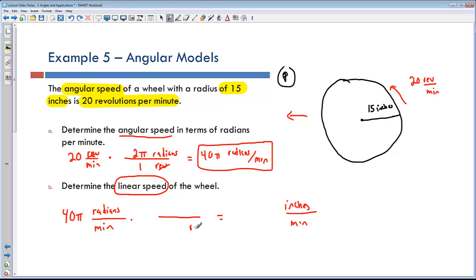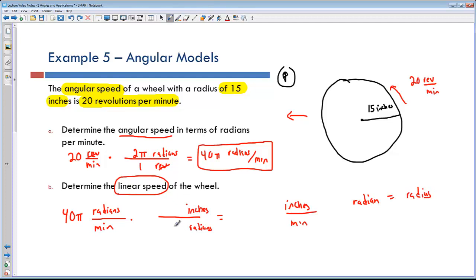So you get rid of radians, and then you put inches on top. And then you've got to think about what that conversion factor actually is. And remember, radian actually means radius. That's why it's called a radian. It actually means, in some sense, radius.